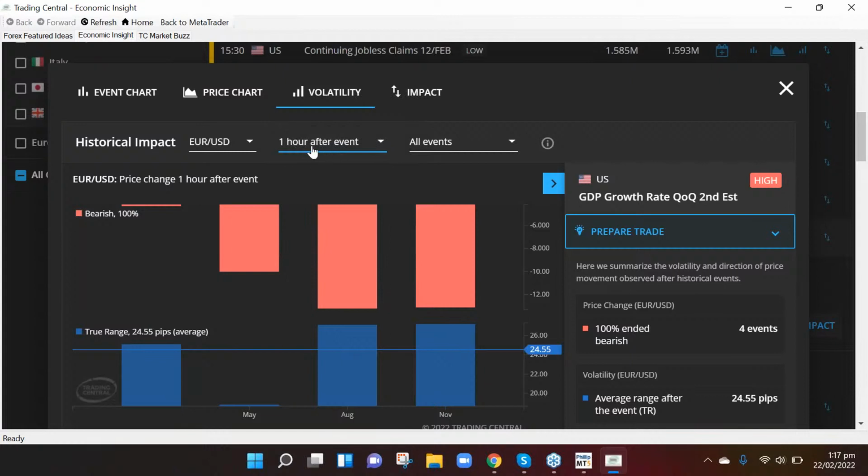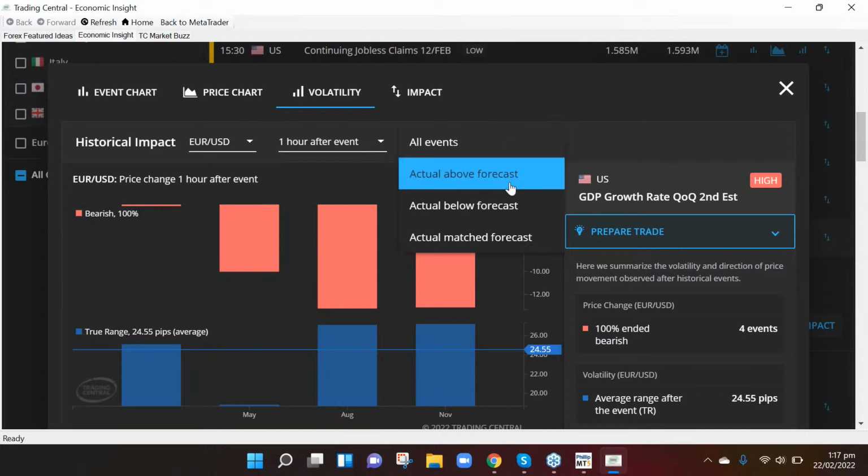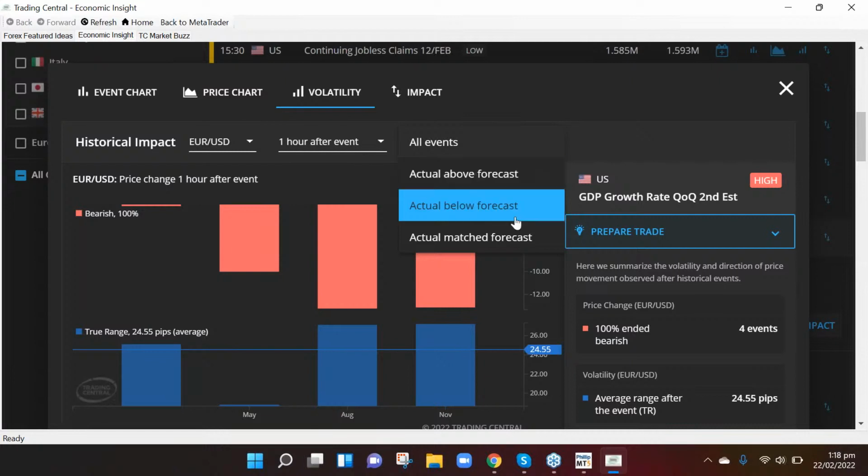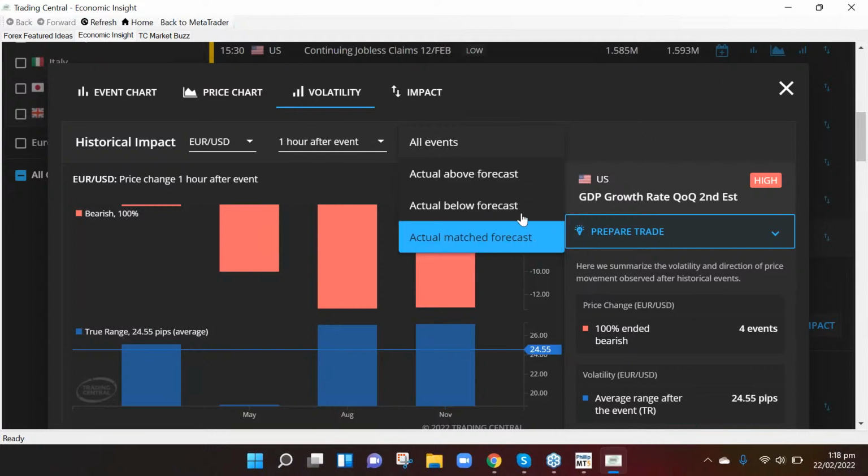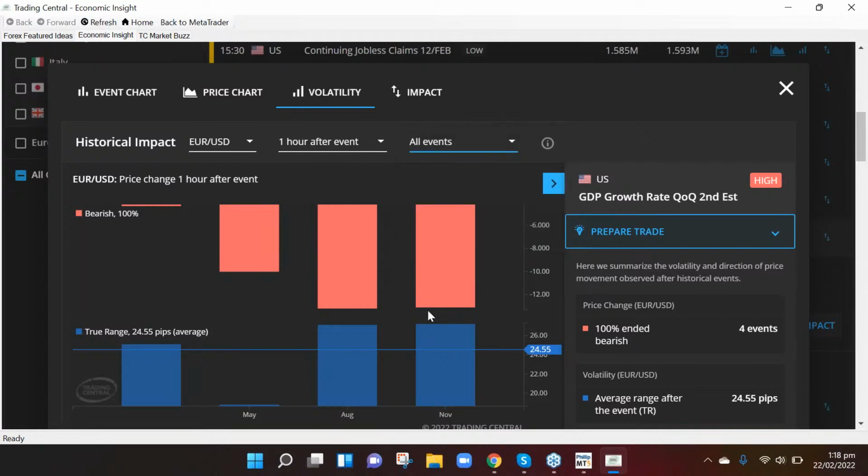For example, if you choose one hour, we observe the event. For example, if it occurred at 11 a.m., the bar chart would show the volatility in the true range pips between 11 and 12. Then you can choose between the events. Is it if it was actual above forecast, below forecast, or if it matched the forecast, or all events.